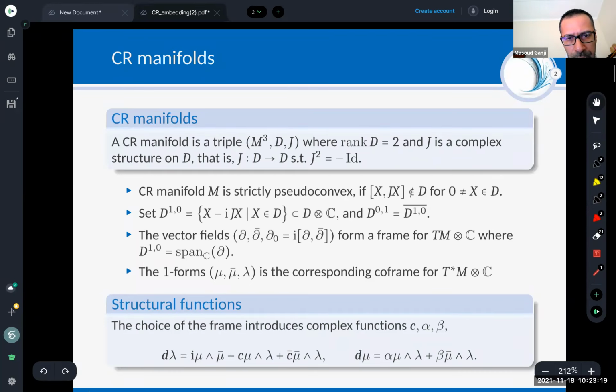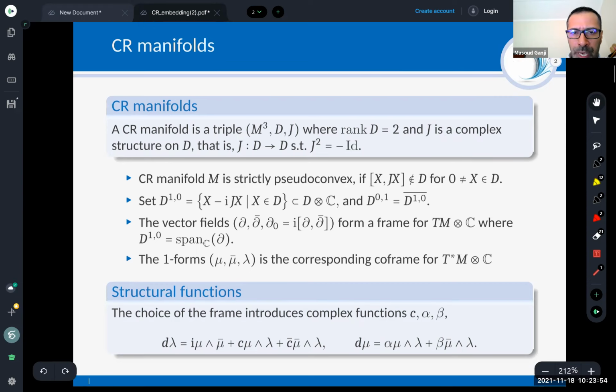And I introduced this round D as a span of D10 and D bar for the conjugate, and complement these two vector fields by a real vector field to have a frame for the complexified tangent bundle in this way. So we have D and D bar conjugate to each other, and denote T a real vector field defined by i times the commutator of D and D bar.